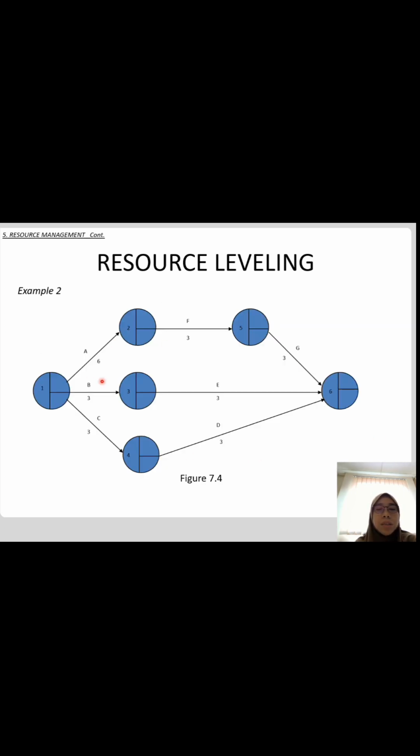So you can do the network first. Okay, we will calculate the forward pass, which is 0 plus 6 is 6. 0 plus 3 is 3. 0 plus 3 is 3.